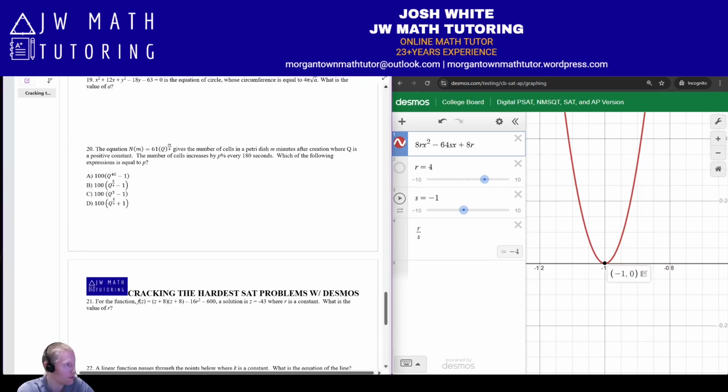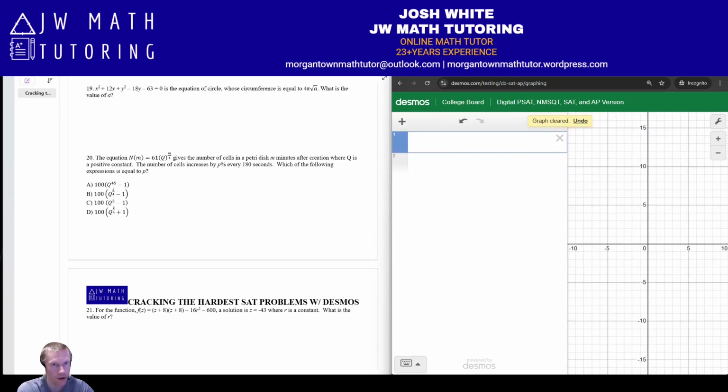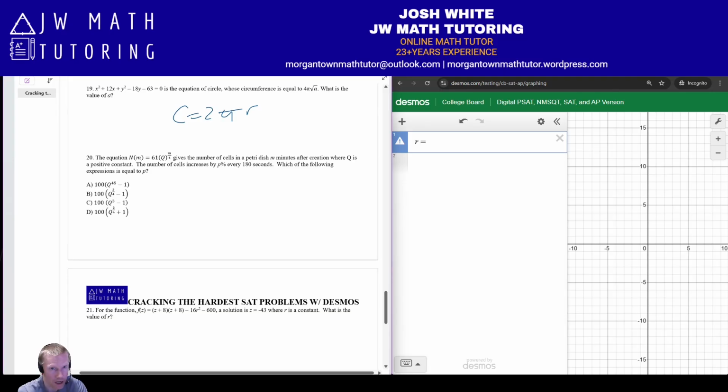All right, next up, number 19. Let's look at another problem here that deals with circle regression. So what I'm going to do first is notice that the circumference of this circle, which is 4 pi root a, I'm going to set that equal to r, remembering that circumference is equal to 2 pi r.